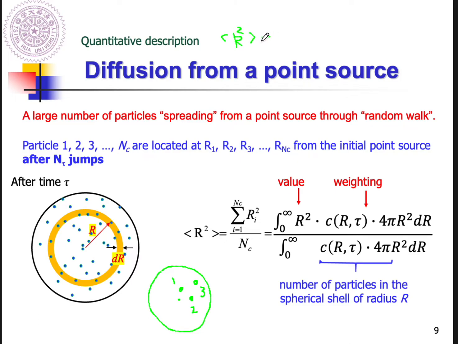It's easy, right? The bottom will be the total, and the upper portion will be what? If particle 1 and particle 2 are located at the same distance r1, you get 2 r1 squared plus 1 r3 squared. So this is how we deal with it, and this is squared.